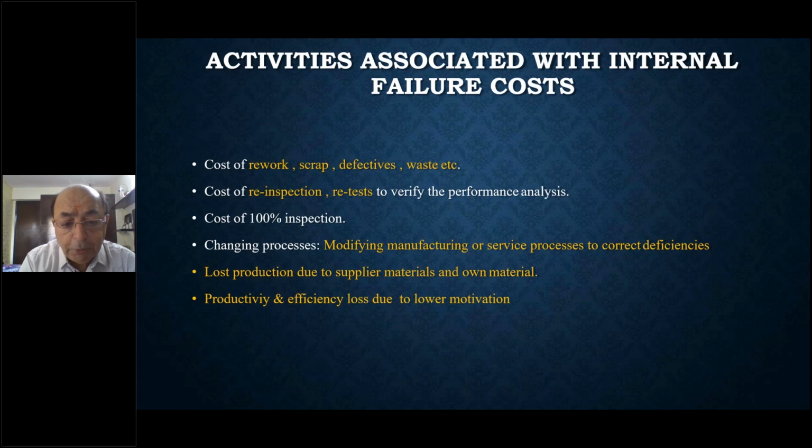The management was spending 2 hours every week to find out where we can increase prevention to reduce internal failure and also reduce appraisals. So this is something very interesting. These are the strategies: elimination of failure cost, reduction in appraisal cost, and investment in preventive activities. That's how it is done.